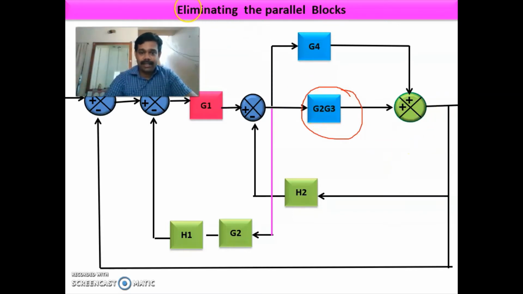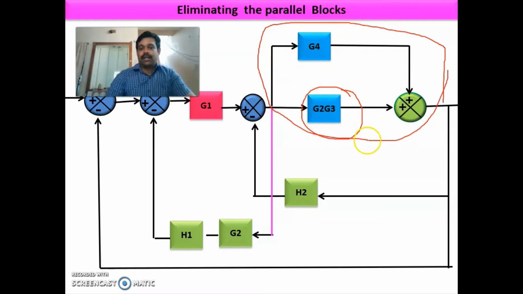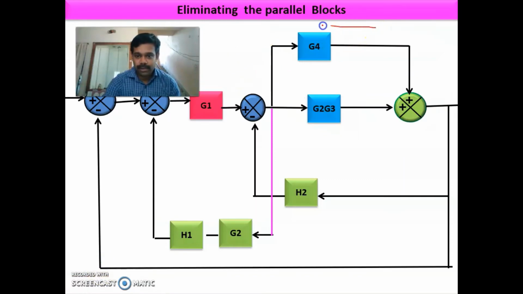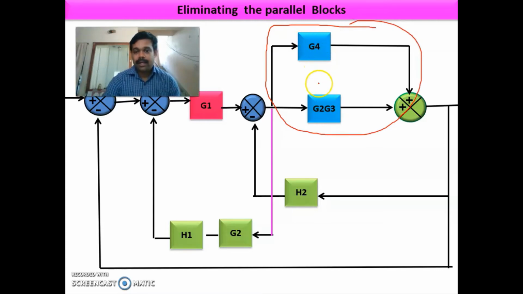The next one is eliminating the parallel block. While analyzing this figure, we understand that these two blocks with this summing point are parallel blocks. If you have two blocks in parallel, then you can combine them into one block whose gain is nothing but the sum of these two gains.